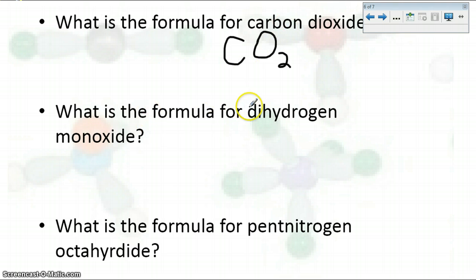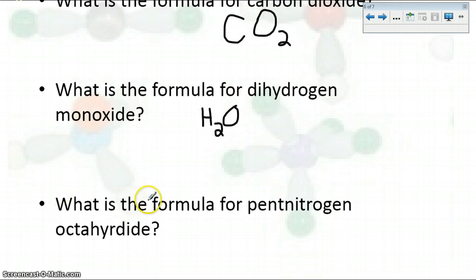What's the formula for dihydrogen monoxide? We've got hydrogen and di, which tells us that there are 2, and then mono, which means 1 oxide, so 1 oxygen, so H2O. So there's the name for water. And the last one we have is pent.